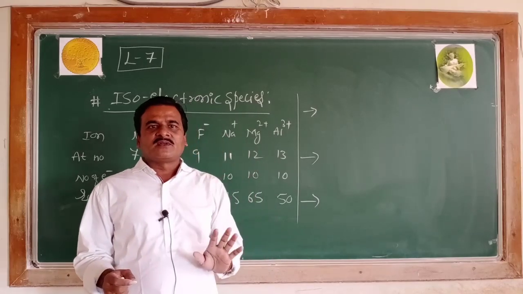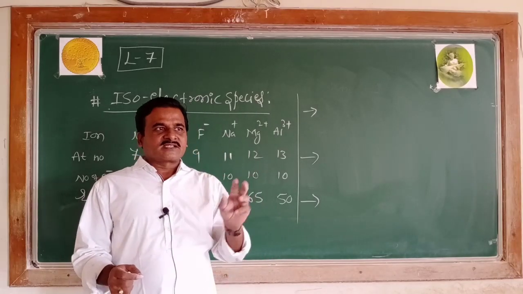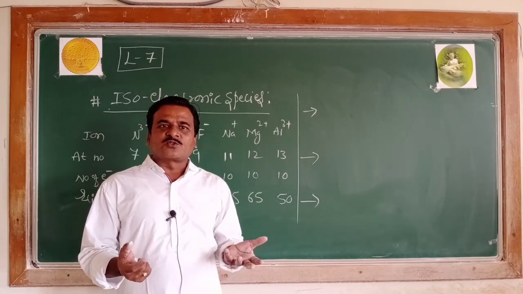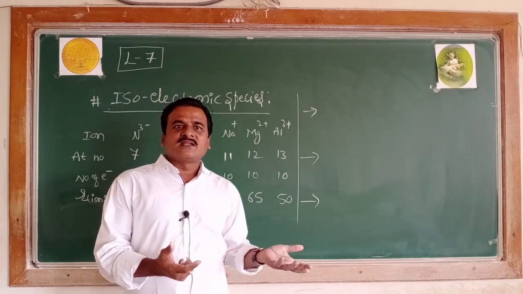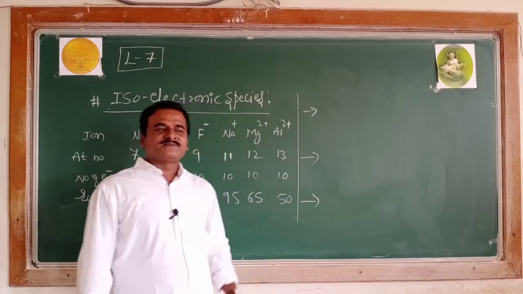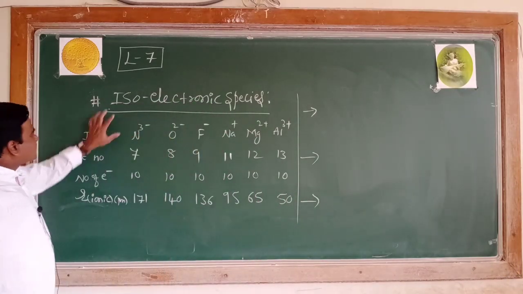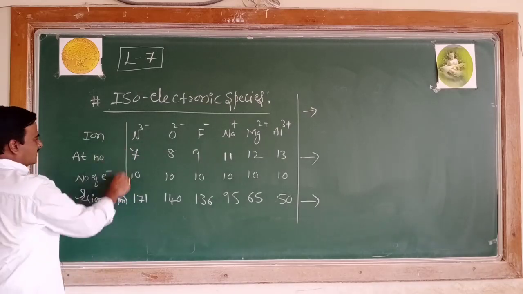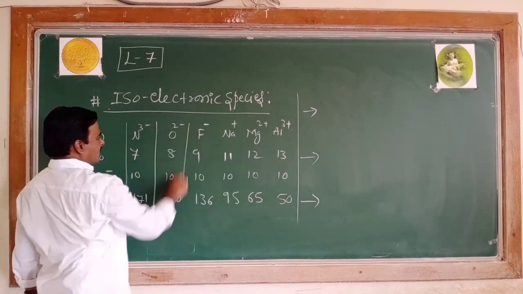Iso means same, same number of electrons, belonging to atoms of different elements. Now, this table will give you a brief picture of the isoelectronic species idea.